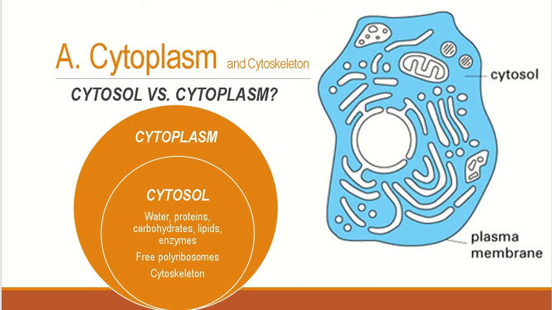What is suspended in this liquid portion are proteins, carbohydrates, lipids, and enzymes. Given the presence of enzymes, this tells us that the cytosol or the cytoplasm as a whole performs some of the metabolic activities.